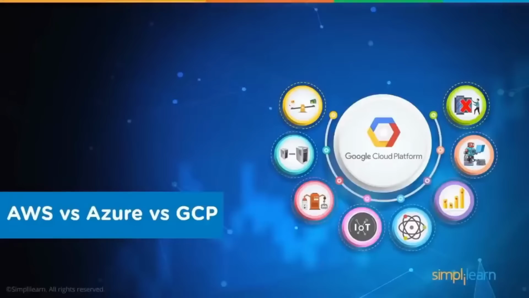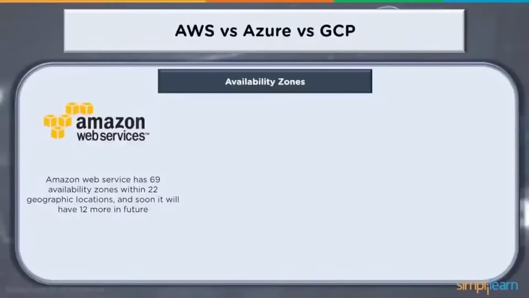If I compare the different cloud providers, when we talk about Amazon and its cloud offerings, that is Amazon Web Services, or AWS as we well know it, it has 69 availability zones within 22 geographical locations, and soon it will have 12 more in future.